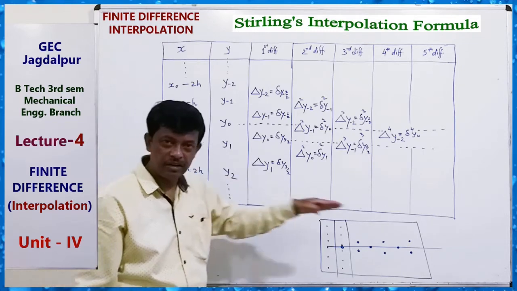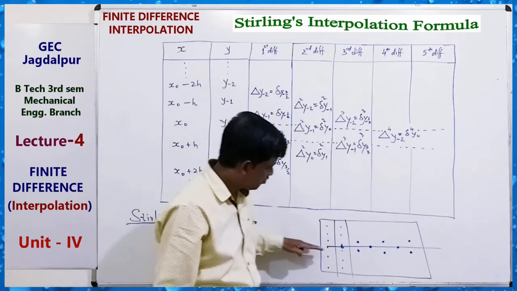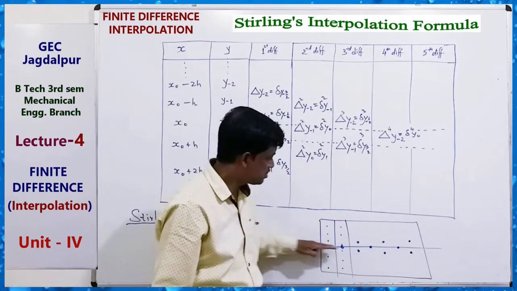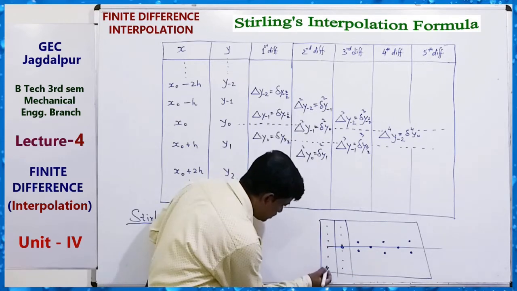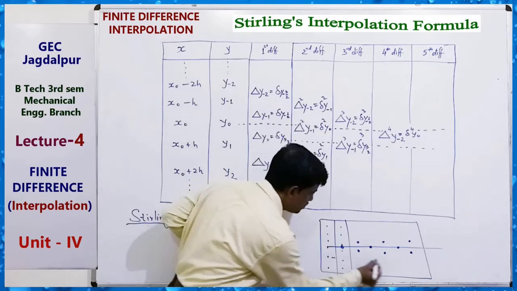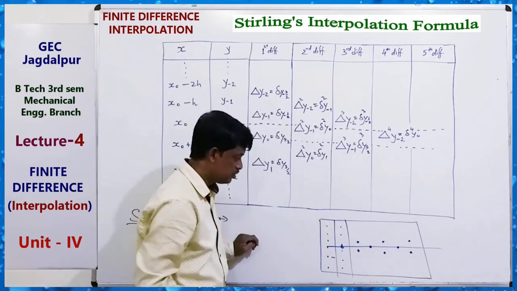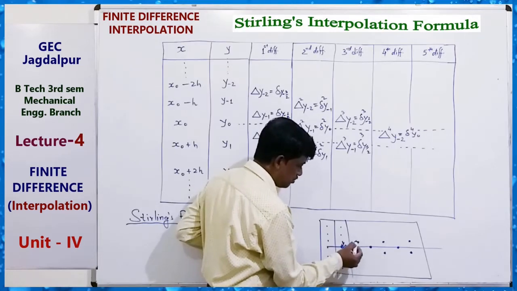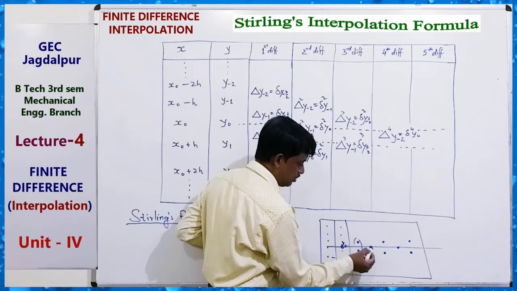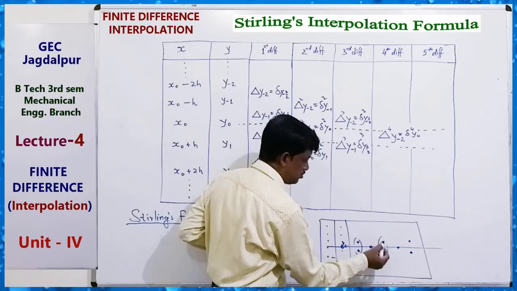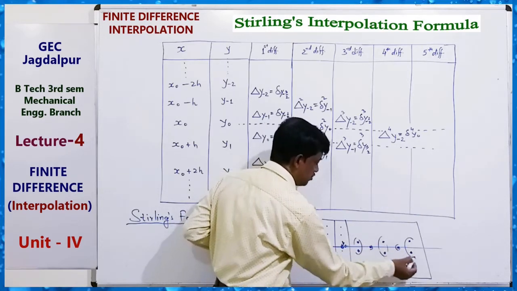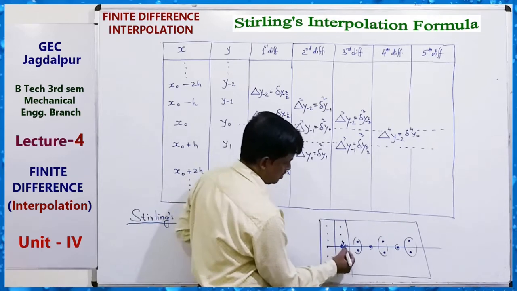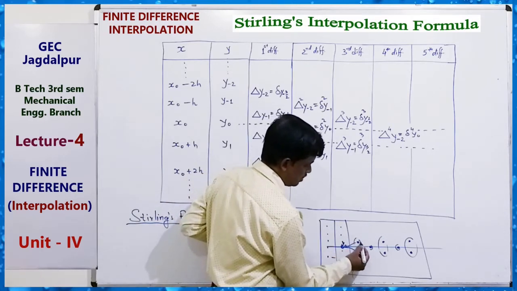From the origin, suppose this is the central line. If here is the origin, then this will be the central line. So first y0 and take the average of these two. Then single value, then average of these two. Then single value, then average of these two. So this, then this.